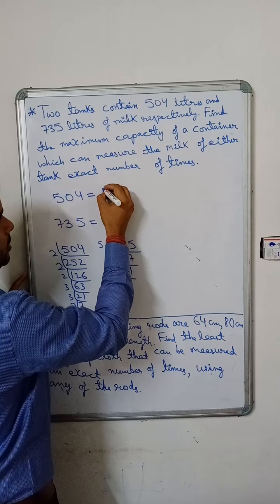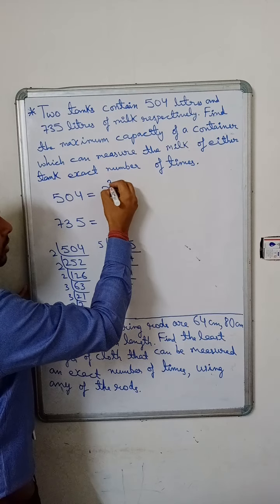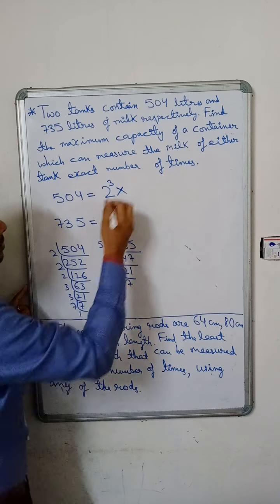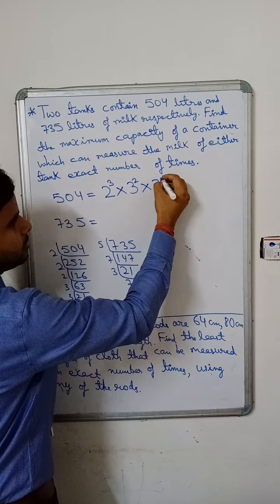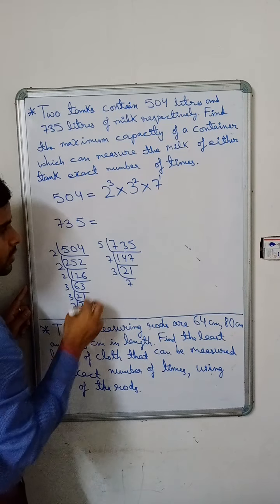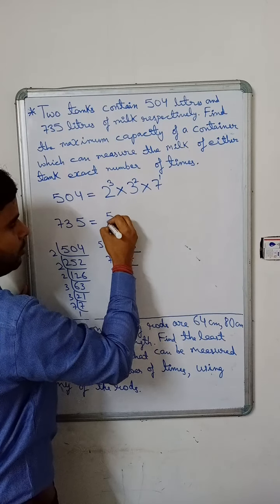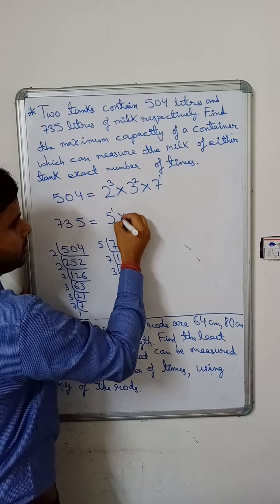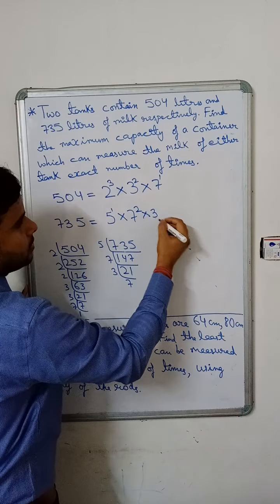Now I can write 504 as 2 to the power 3 into 3 square into 7 to the power 1, nothing is 1. I can write 735 as 5 to the power nothing, means 1, into 7 square into 3.